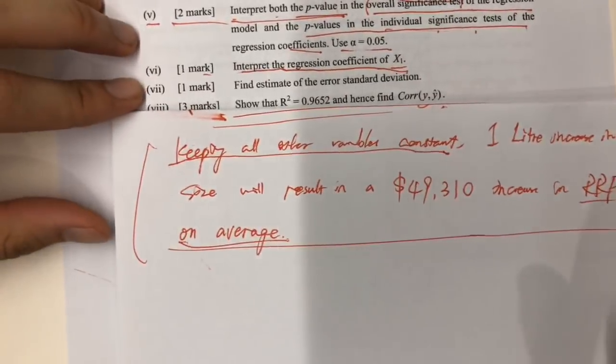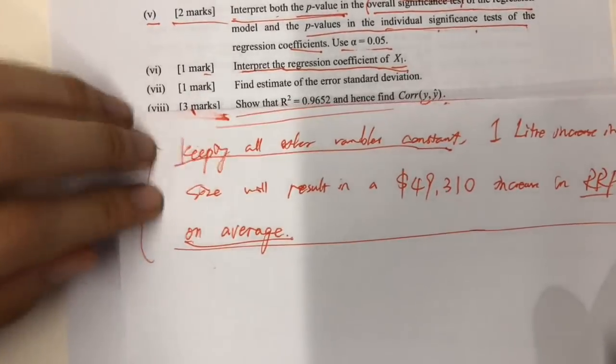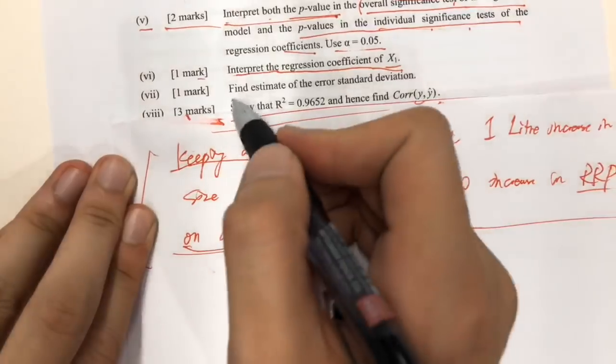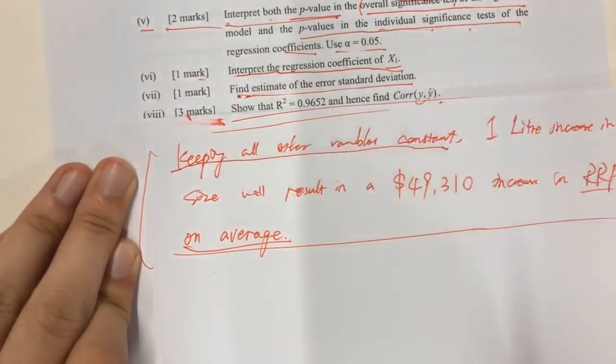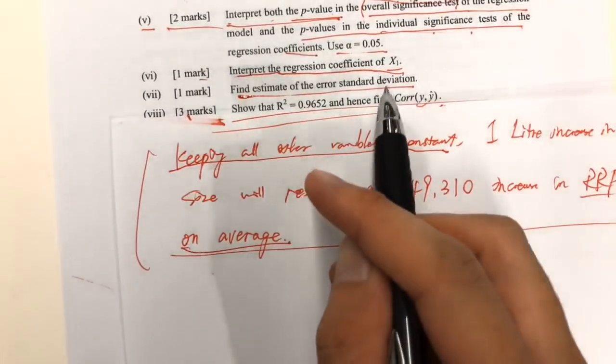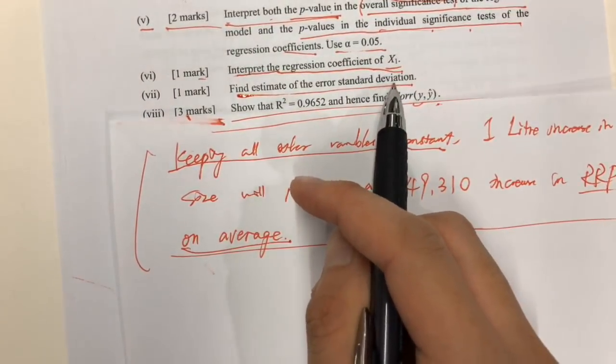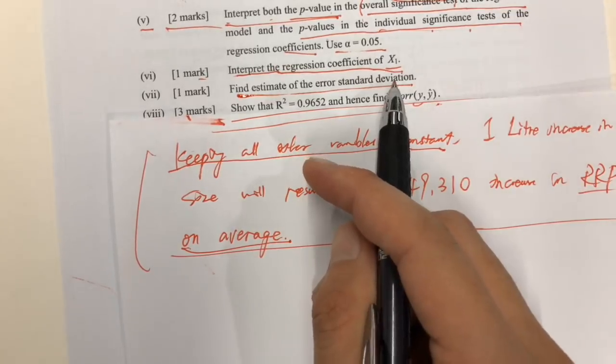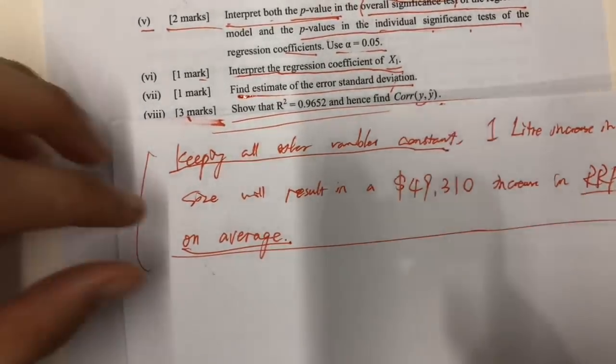Now, question number 7, okay? Question number 7 is asking, find the estimate of the error standard deviation. Oh my God, what is it? Error standard deviation, it's simply the square root of MSE, right? Okay, good.